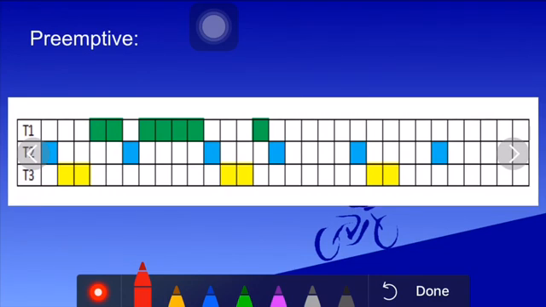Since T2 executes first, the T2 process will execute first, followed by T3, and then T1. But because T2 executes every 5 seconds, the process of T1 will be interrupted and paused, and T2 continues. After T2 is done executing, T1 continues because T3 will only start to execute every 10 seconds.